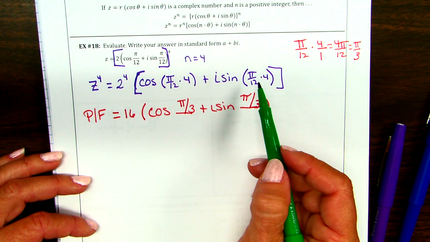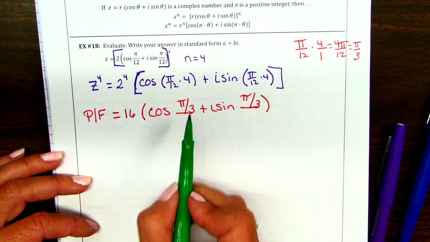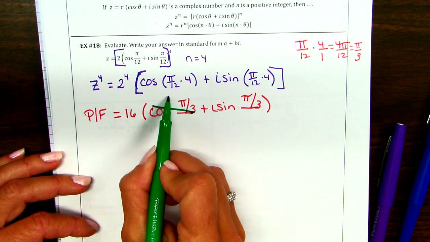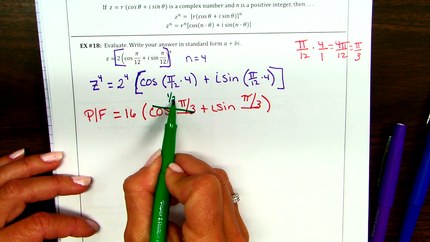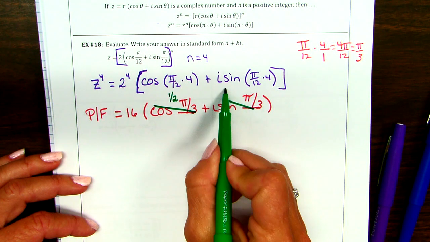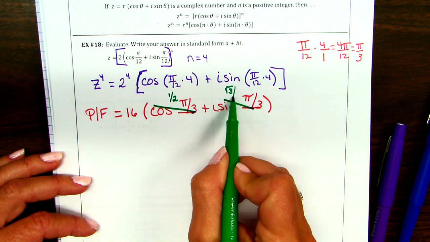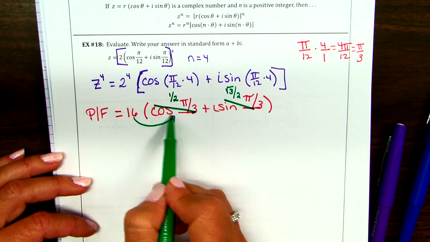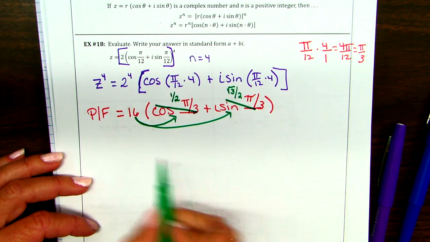Rectangular form, we don't need a calculator for this one. We know pi over 3. Cosine of pi over 3 is 1/2, and sine of pi over 3 is square root of 3 over 2. And then distribute.